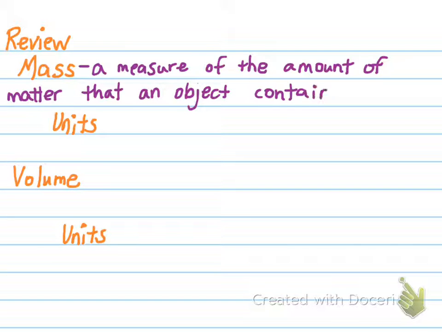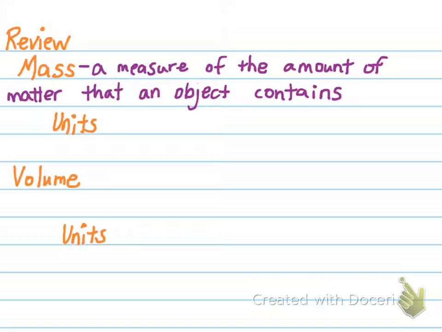Typically an object that has more mass is oftentimes larger than an object that has less mass. Another way to think about that is a person with more mass will weigh more than a person with less mass. Here on Earth, we talk about weight because we can't escape gravity. And weight technically is the pull of gravity on a particular mass. Mass and weight are directly proportional.